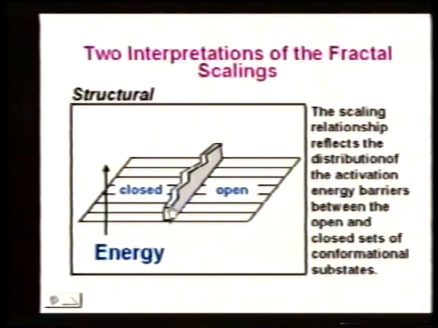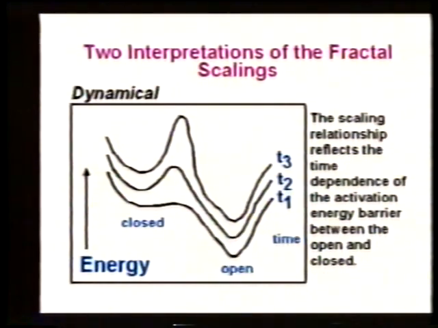That fractal scaling, the slope and shape of that line, gives us information about the energy barriers from one state to another. Or it may be that the energy barriers between states are changing in time. In that case, the slope of that line on the scaling relationship and its form tells us how the energy barriers between the closed and open states are changing in time.